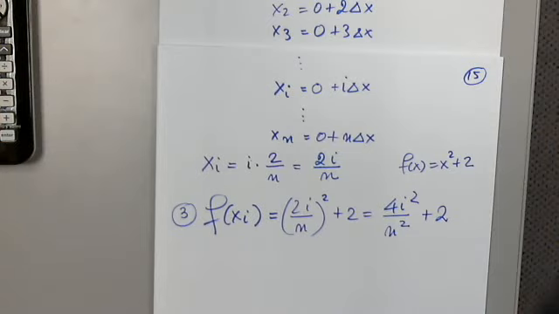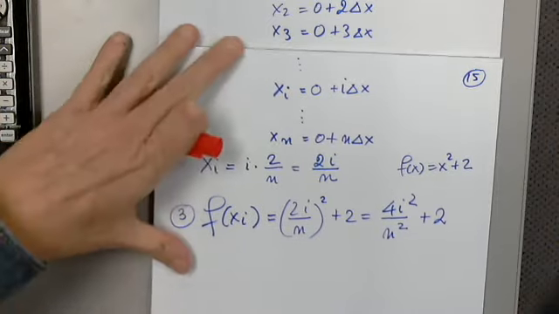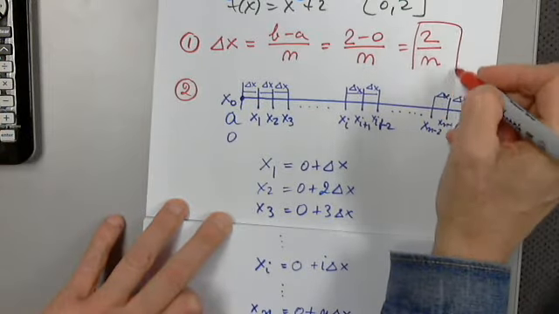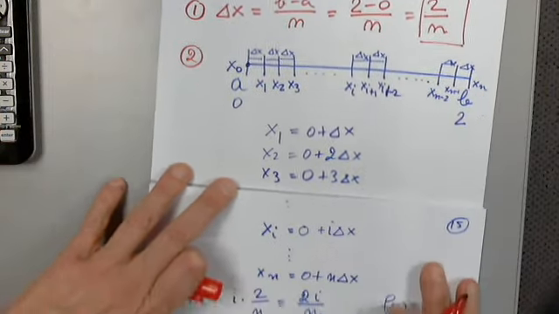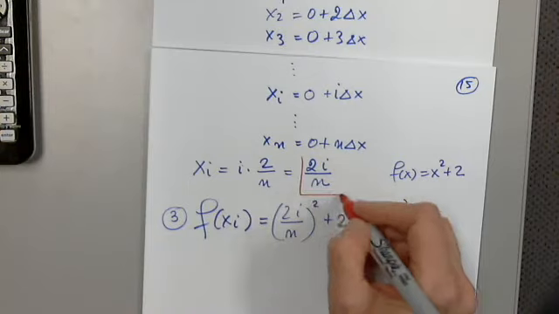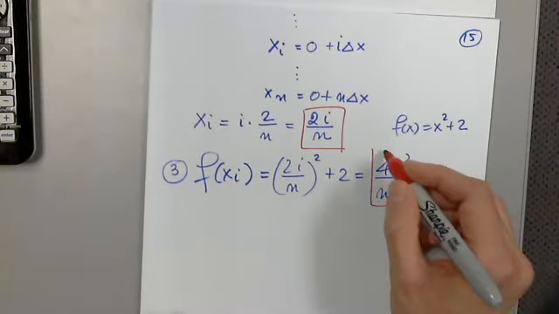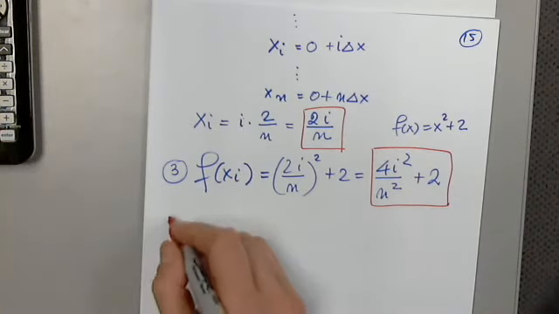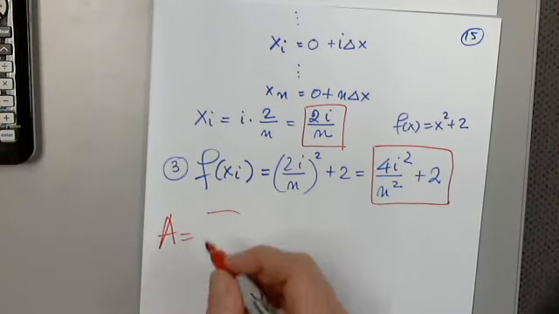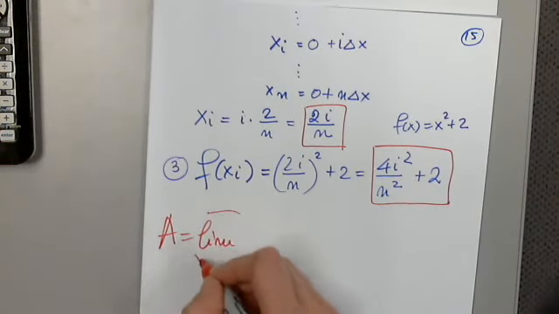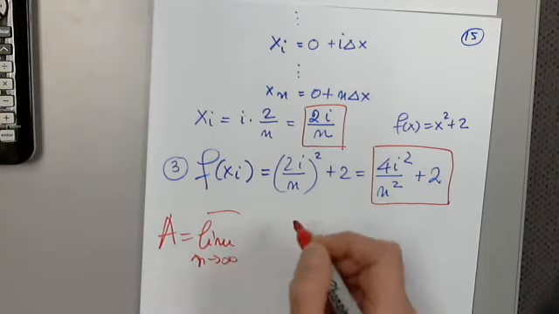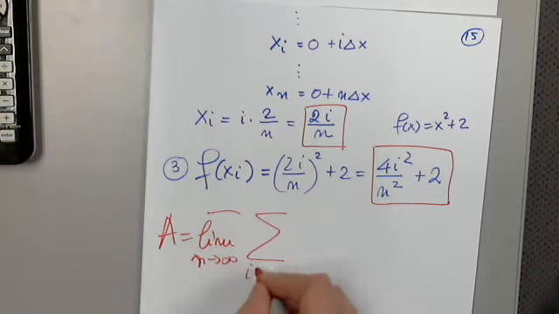Now I put everything together. So number 1, I needed to determine delta x. Number 2, I needed to determine xi. Number 3, I needed to determine f of xi. And now I can put it together. The limit as n approaches infinity of the sum from i equals 1 through n.